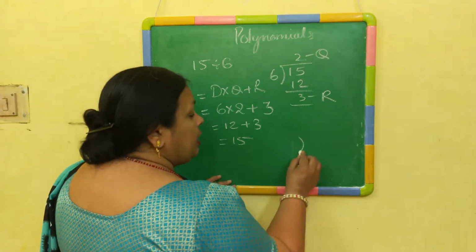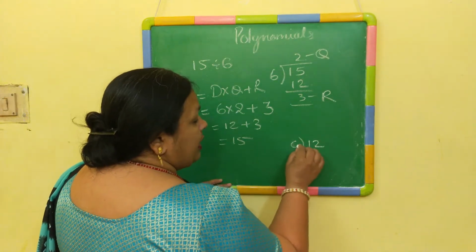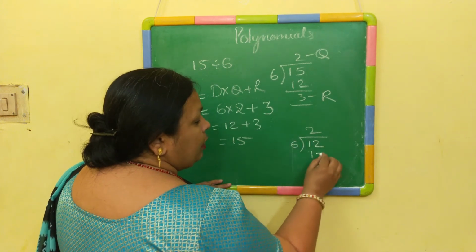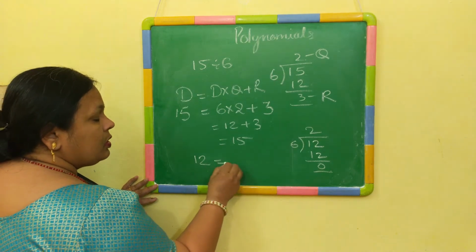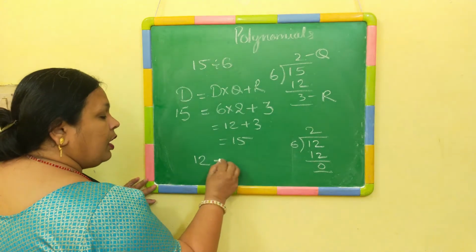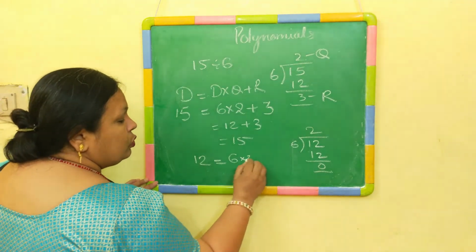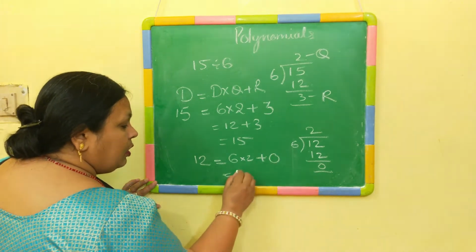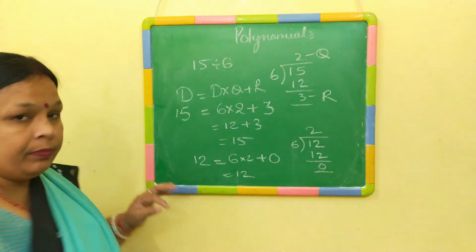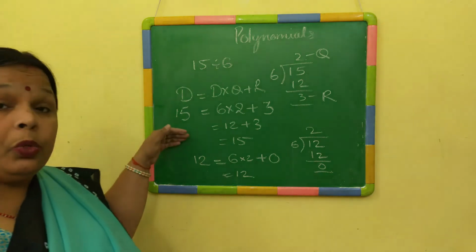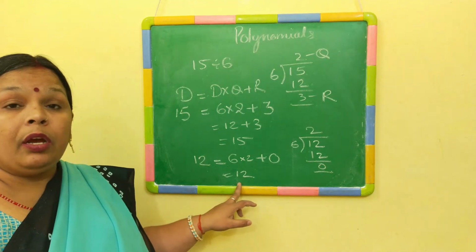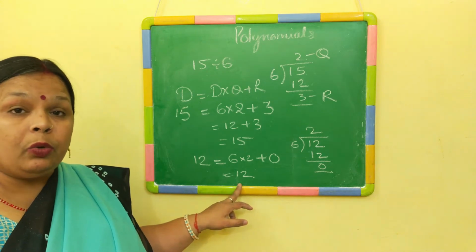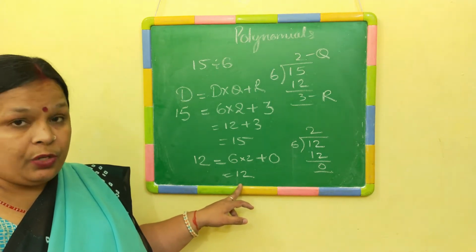If we take the second example as 12 and 6, immediately by 2 times you are getting 0. So how did you represent this? This was represented as 12 is equal to 6 into 2 plus remainder 0. 12 is equal to 12. So this was exactly what we have seen in our previous slide, where we had shown that p of 1 is 0 and p of -1 was -2.